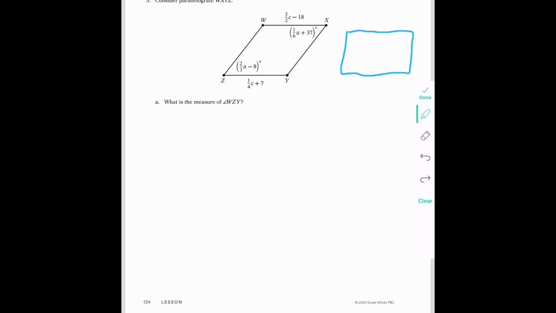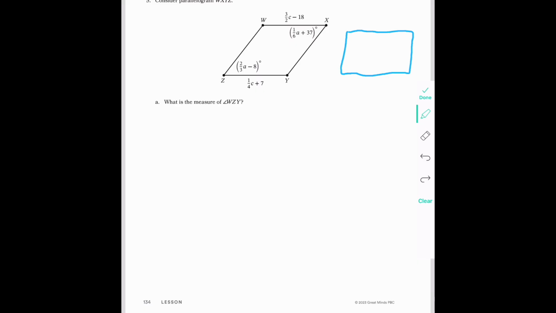First of all, a parallelogram is called a parallelogram because it's made up of 2 pairs of parallel lines. So this line and this line are parallel to each other, just like the top and the bottom are parallel to each other, okay?